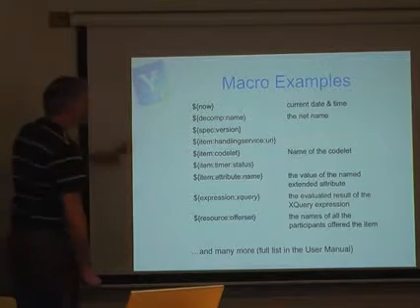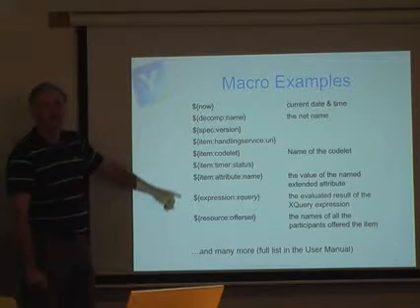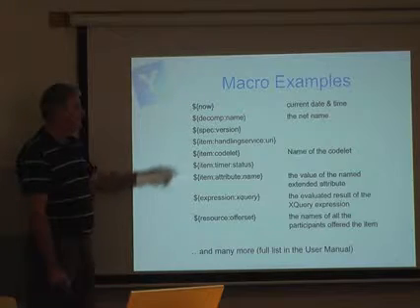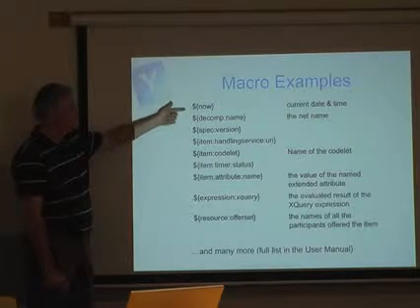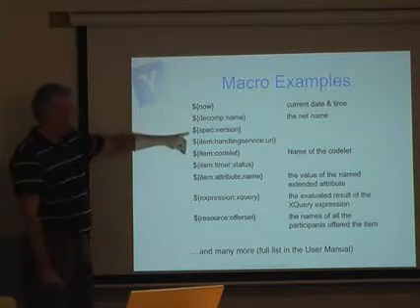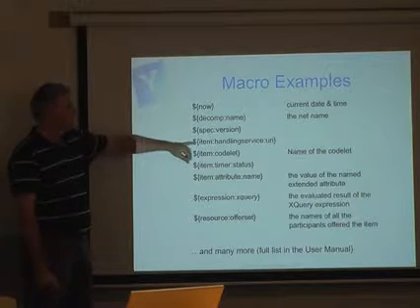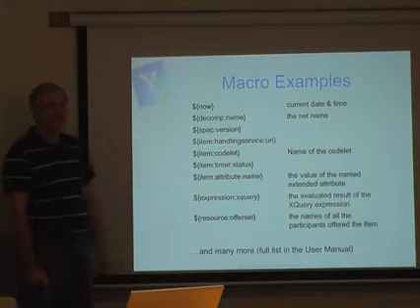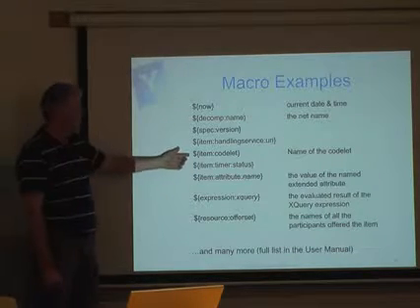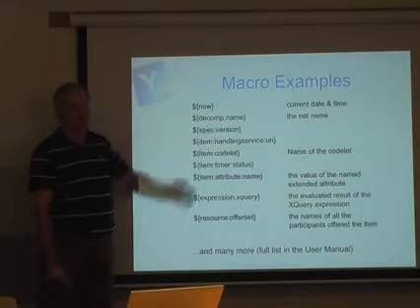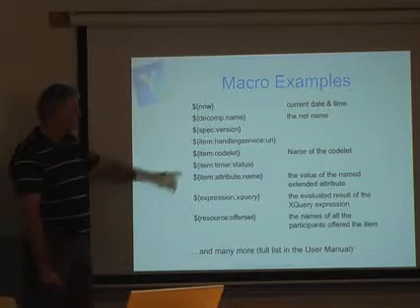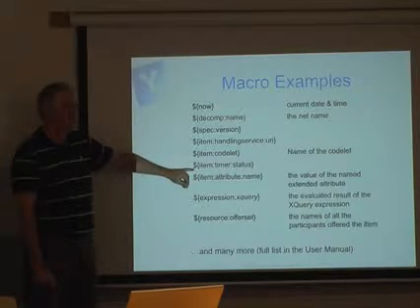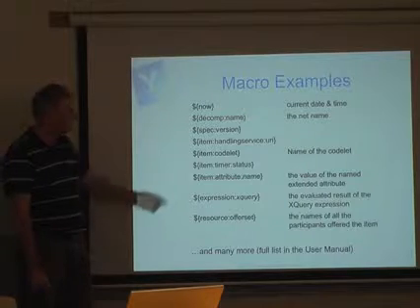Here's just a small sample of the types of macros you can embed into text for log predicates: current time and date, the name of the net, the version of the specification, the service that's handling the task, the codelet, if there's one associated with that particular item. A codelet is a piece of code that runs for an automated task. The current status of any timer that's associated with it.